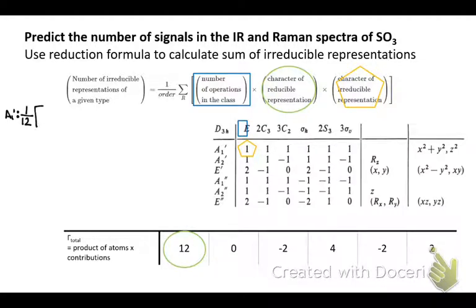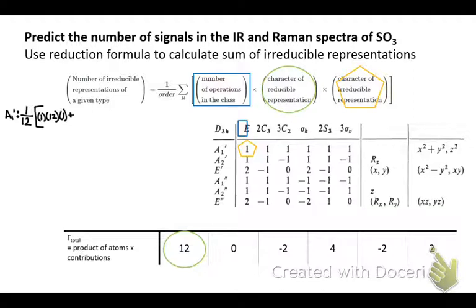And then we're going to work through the sum of each of the operations in this class. Once again, the number of operations in the class is 1 in the case of E. We said that there's 12 in the reducible representation, and that the character of the irreducible representation is 1.